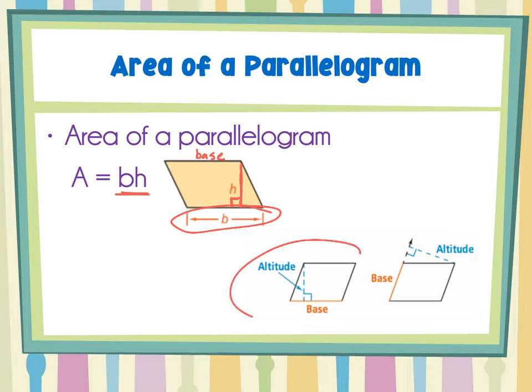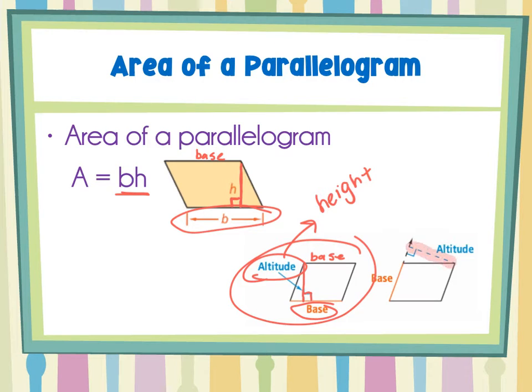So if I'm looking at the one down here, that height is also called altitude. So here's my base. The top would also be the base, okay? And then the perpendicular segment, or the segment with the right angle, is the altitude, and the altitude is the same thing as the height. Sometimes the altitude is shown outside the parallelogram. So notice here, this is outside the parallelogram.